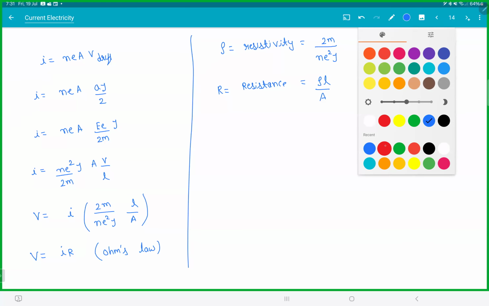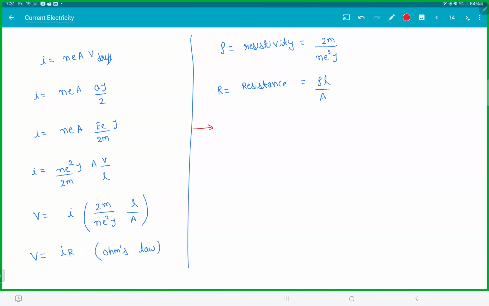So we have some important points here. If you increase the temperature for conductors, tau decreases. Basically, more collisions will happen.